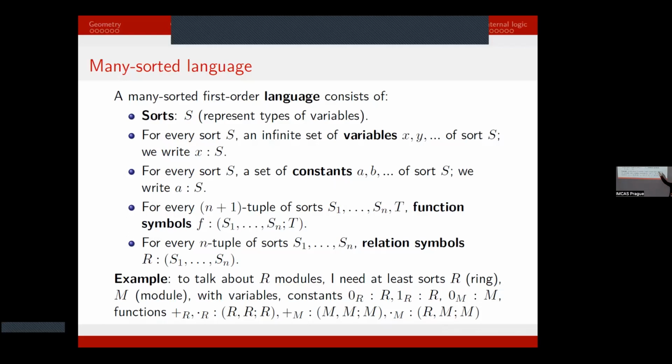For programmers, it would be something like floats, integers. For us, for instance, if we want to model the theory of modules, we need something that represents the ring, so we'll have a sort of ring. Exactly. We'll have a sort of module as well.